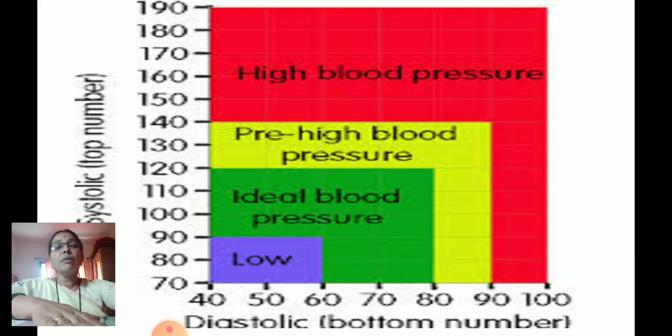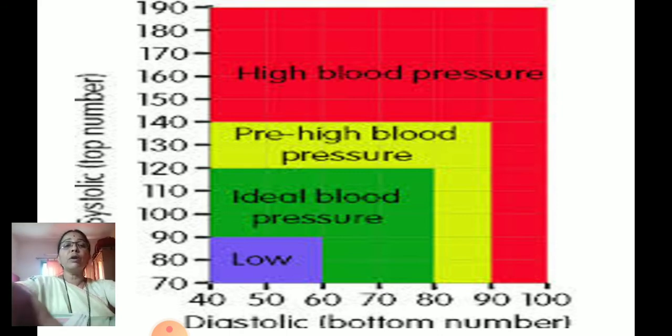So there is a normal range of blood pressure. The normal range is 120, which is the maximum pressure, and 80, which is the minimum pressure. This pressure is calculated by a device that we are going to study. One is called the systolic pressure and the other is called the diastolic pressure. Systolic pressure is in your artery and diastolic pressure is in your veins.